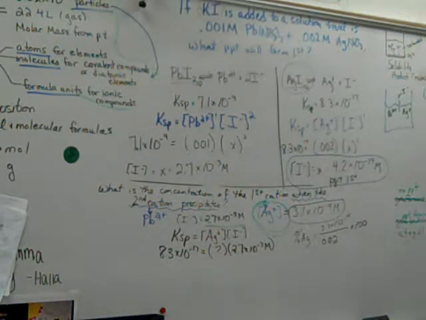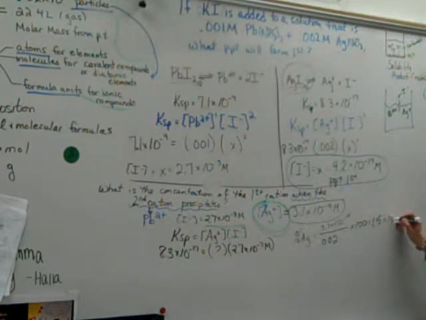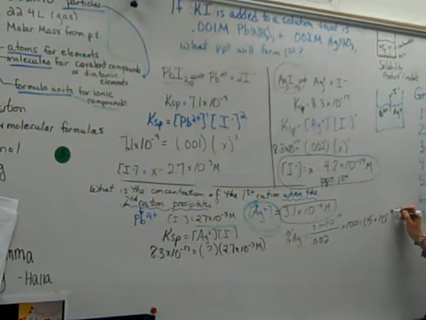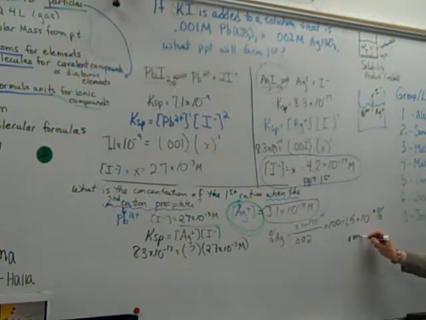Let's see how much remains. I got that too, yes. I get 1.5 times 10 to the negative 9th percent remains. That's not very much, is it? So what percentage was removed? 99.9999, right? A huge percentage was removed.